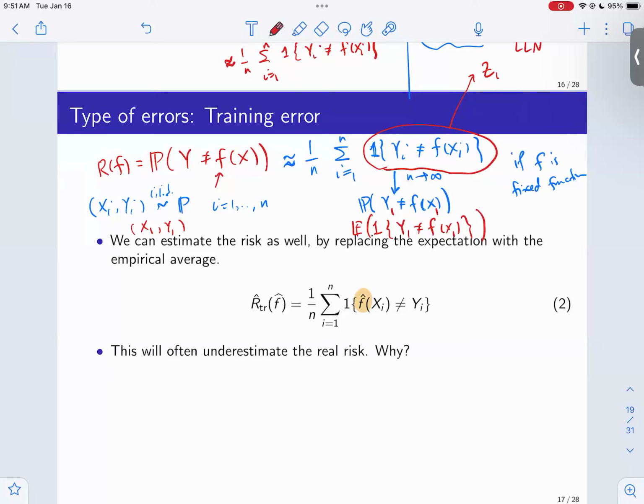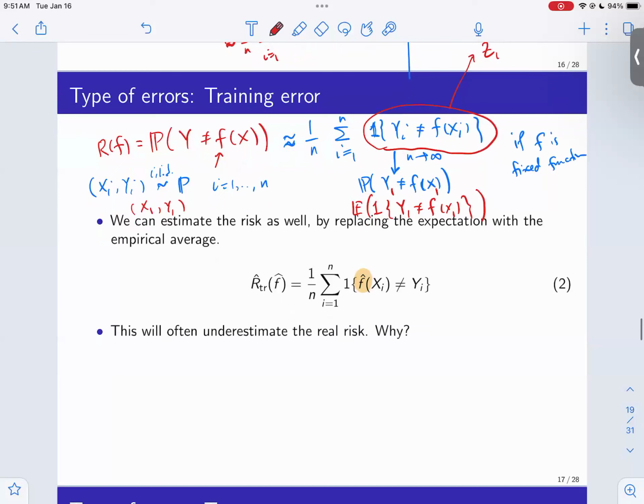But I mentioned why this is usually going to be a problem. Evaluating the risk using this would usually be a problem. You remember? Yes, so the issue is this: when I minimize this, it depends on how large the class of functions is that I'm minimizing over. So I minimize over f.